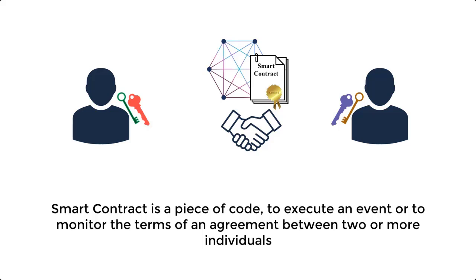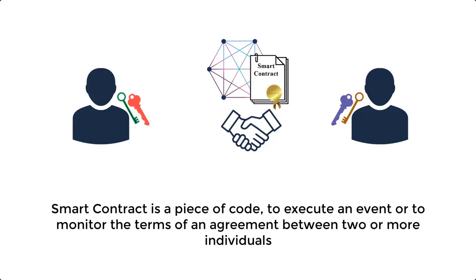In a simple agreement, the smart contract gets the digital asset from one party and holds onto it until the other party delivers the service or meets the terms of the agreement. Then the smart contract will release the assets to the service provider.